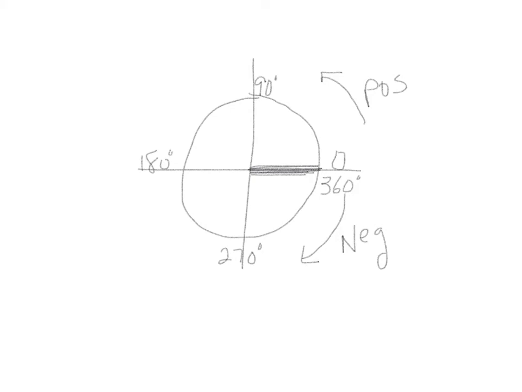Now, let's do some examples. Let's say that we want to draw a 210 degree angle. We begin by drawing a circle with our x and y axis. Darken in the first side, which starts at 0. 210 degrees goes 30 degrees past the 180 mark.